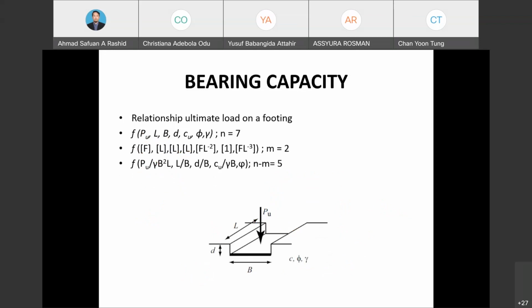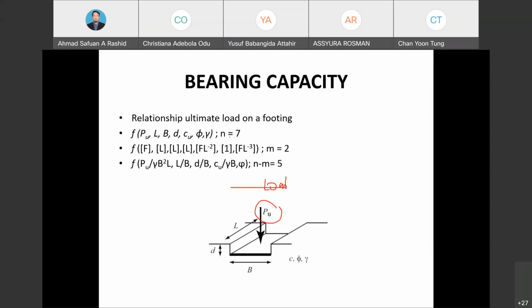The next example is on bearing capacity. So Pu is the output. This is the load, which we consider as a force. Then we have six inputs: L, B, D, Cu, phi, and also the unit weight.